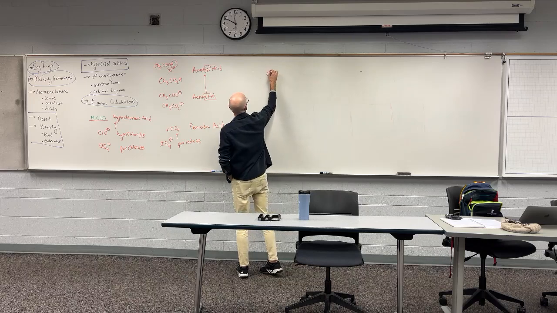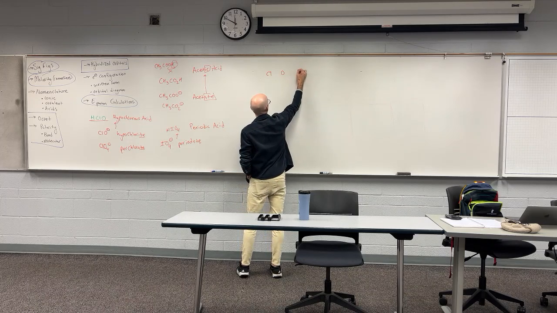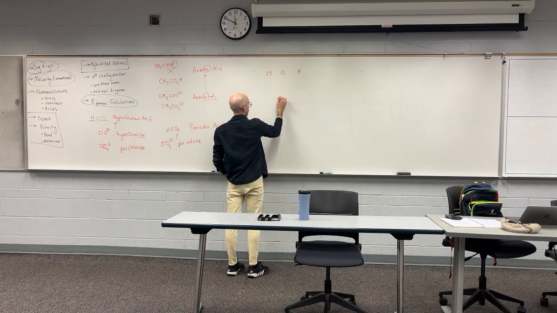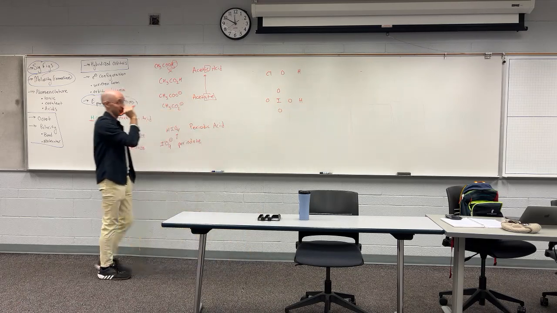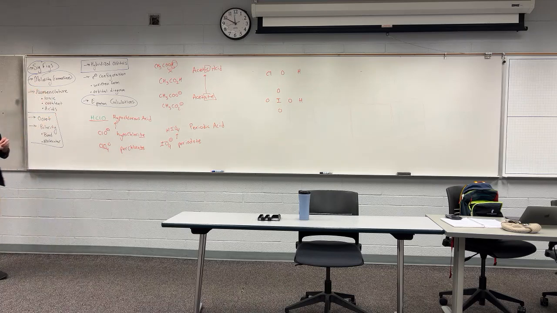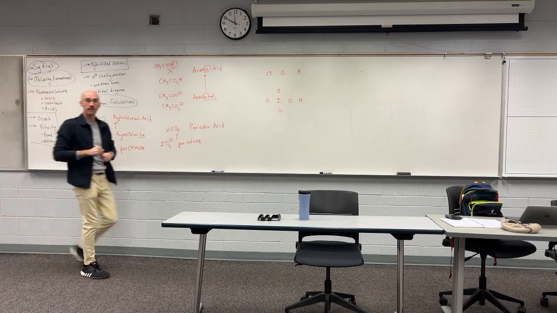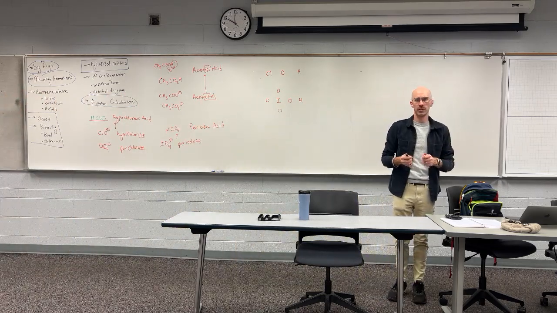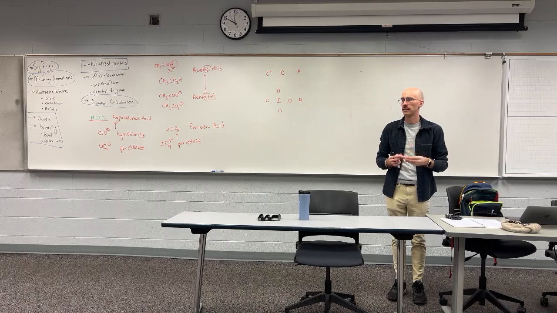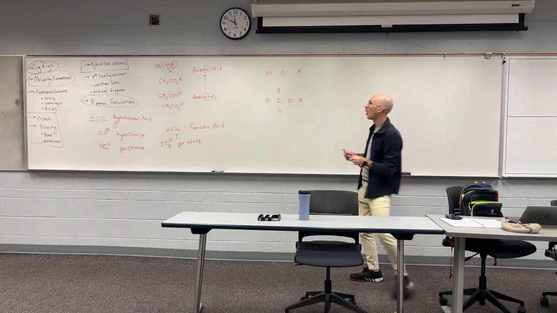So ClOH, IOOO and H. Would you agree that this is a good way to start setting up their structures? Okay. What else do I need to do in order to build their Lewis structures? Single bonds, always.